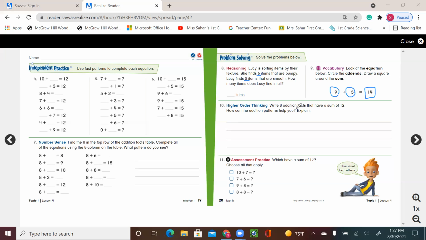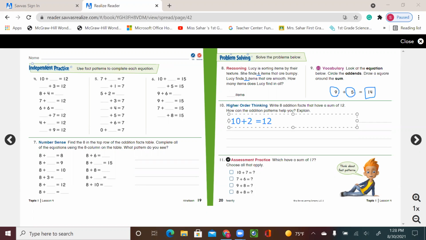All right, so we need to write 8 addition facts, and your sum is 12. I'm going to do a couple of them for you. So I'm going to say 10 plus 2 equals 12.